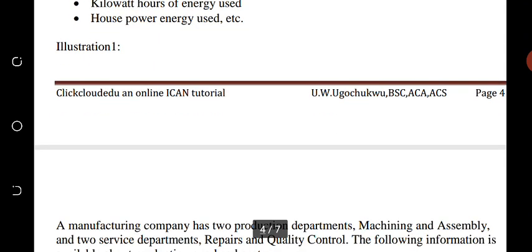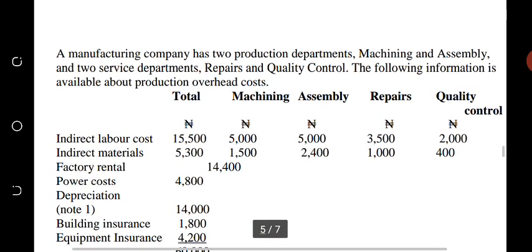Illustration 1. A manufacturing company has two production departments, machining and assembling, and two service departments, repairs and quality control.